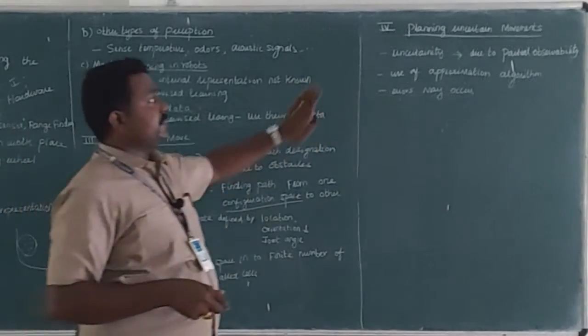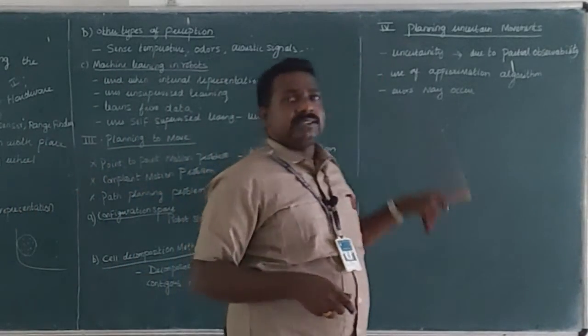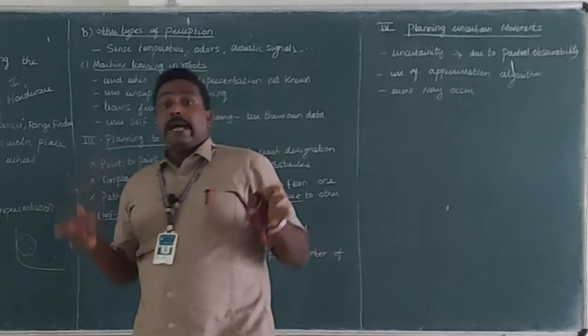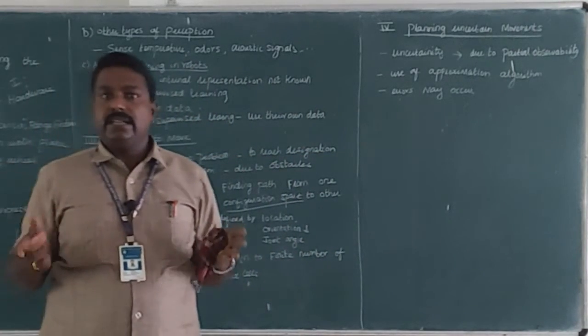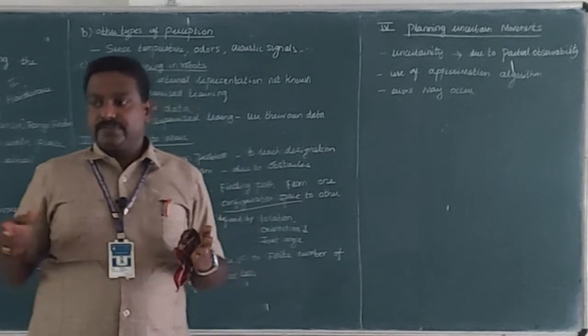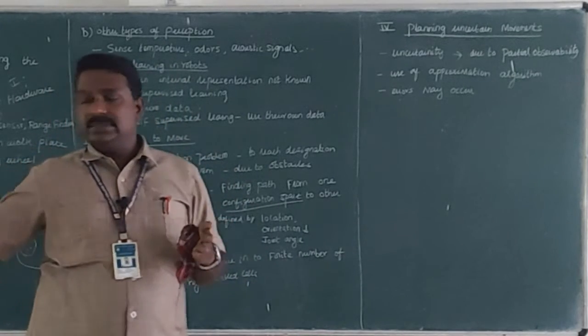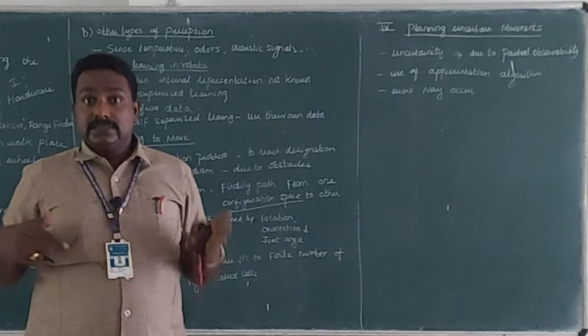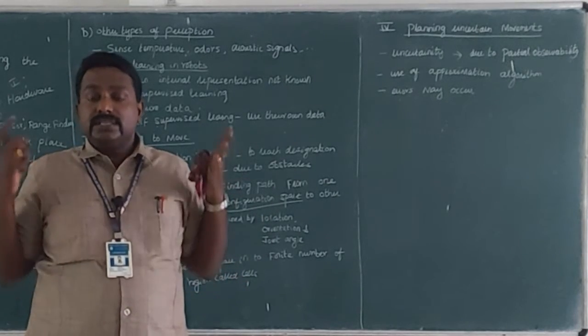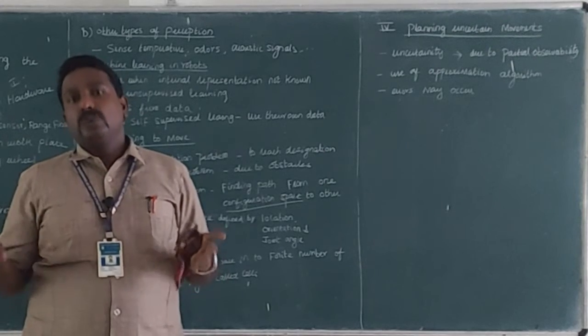The last one is planning under uncertain movements. What happens if uncertain things happen? Suddenly, when you are crossing a road, if a car comes, what do you have to do? It was not planned. Suddenly it happened. So in an uncertain environment, what to do?